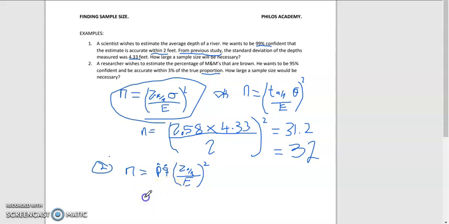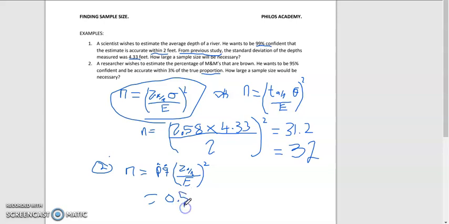So what do we get when we substitute? When you look at the question, we only have Z, from the 95%, and the margin of error, but we don't have P hat and Q hat. If you have a question like this, you consider P hat and Q hat to share equally, 0.5 and 0.5.